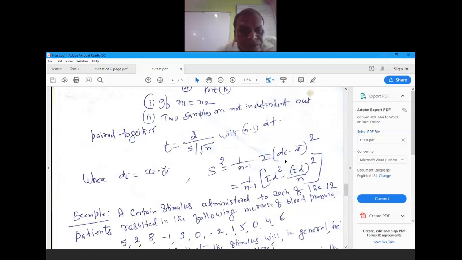So here just see the slide, that is n1 is equal to n2, that is, two samples are not independent but paired together. So in this situation, you apply the paired t-test. You may write t is equal to d bar divided by s upon root n with n minus 1 degrees of freedom.